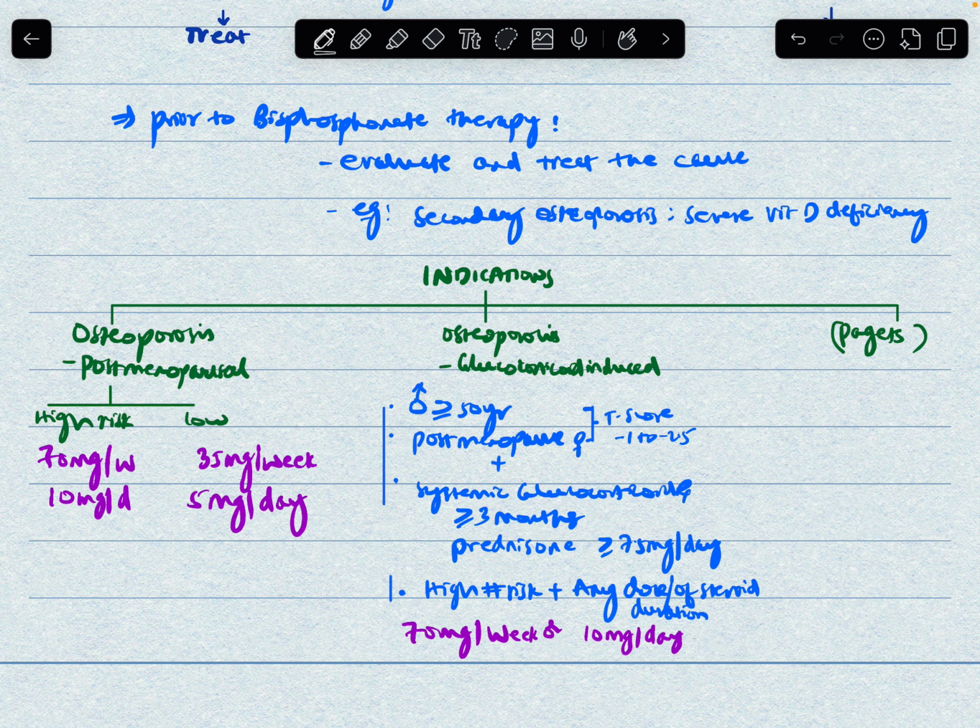Any patients with T-score between minus 1 to minus 2.5 who are on systemic glucocorticoid therapy for more than or equal to 3 months, prednisone at a dose of more than or equal to 7.5 mg per day, or any patients with higher fracture risk with any dose or duration of steroids, one needs to treat them for osteoporosis with a dose of 70 mg per week or 10 mg per day.